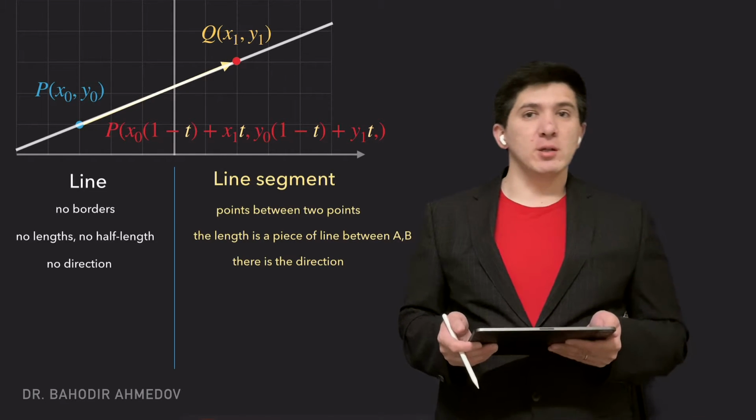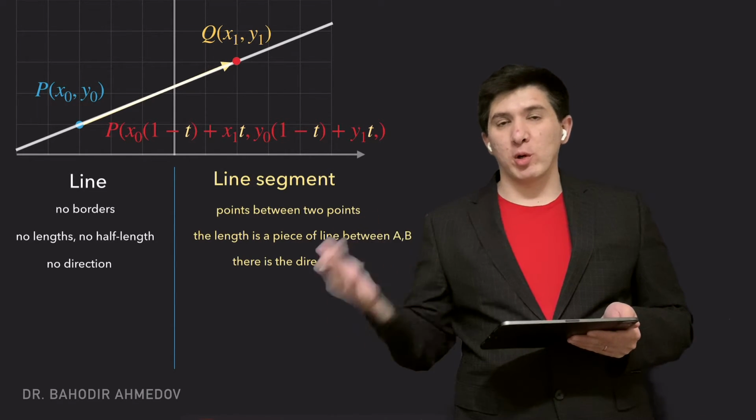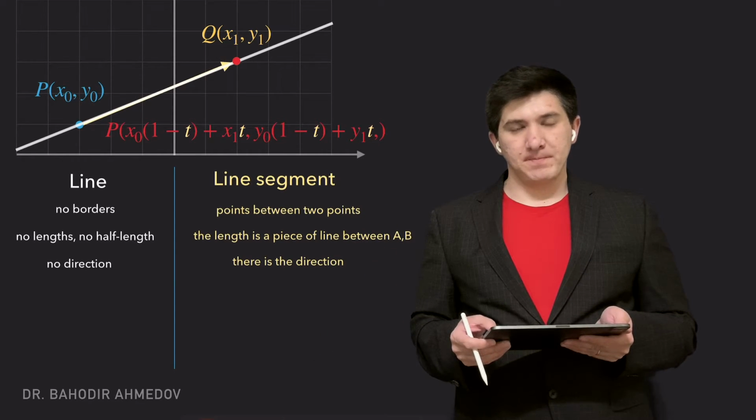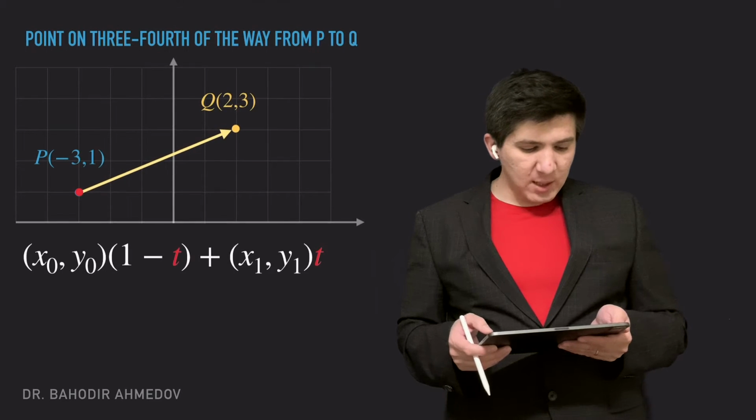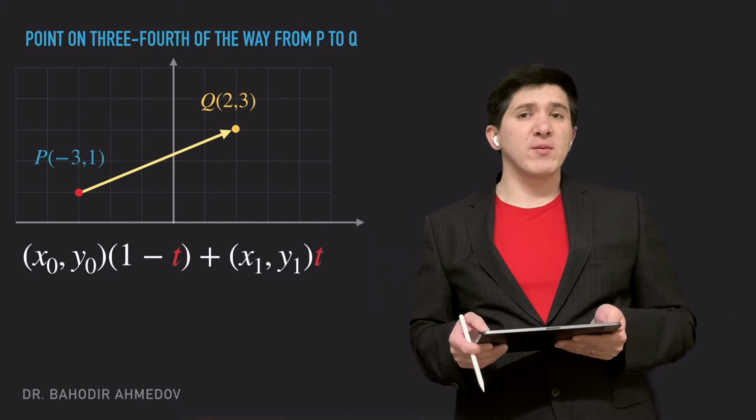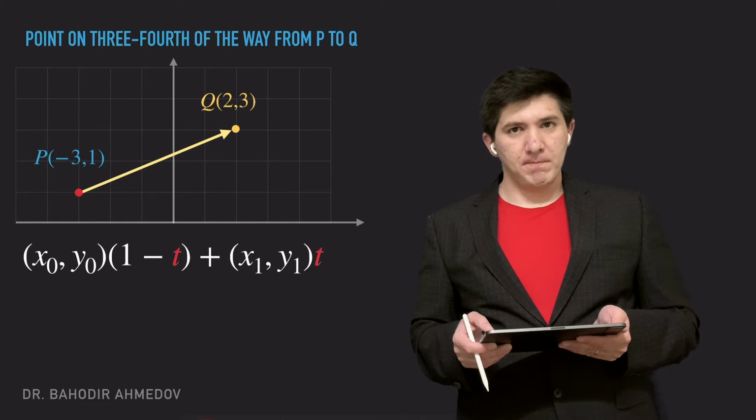But before we do that, let's consider one more example of finding a point on the line segment. Let's say you are given 2 points. You need to find a point 3/4 of the way from P to Q. What does it mean?